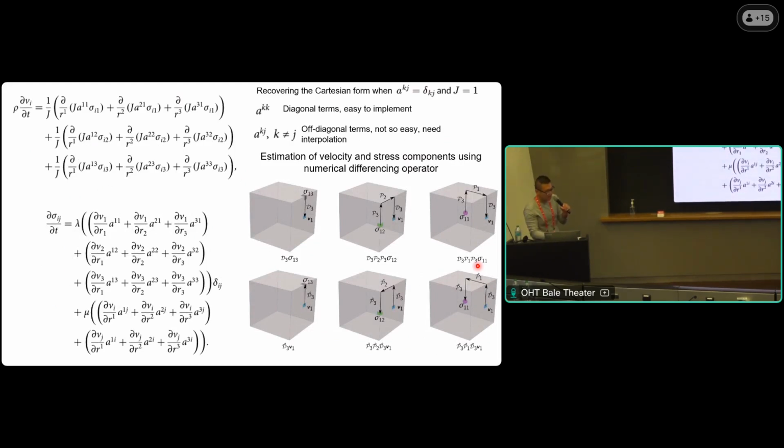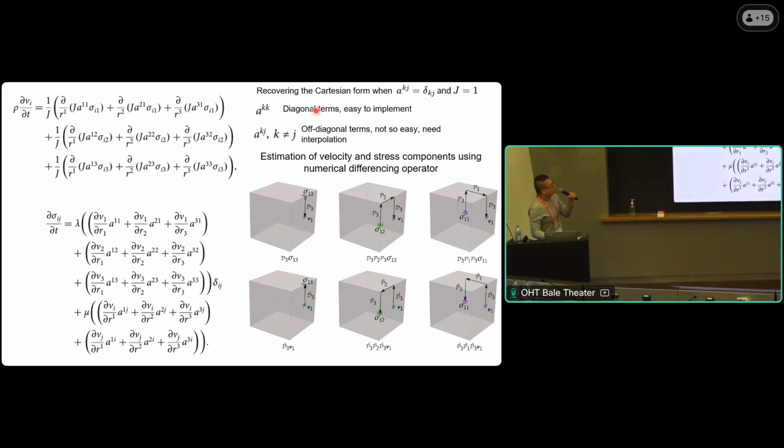If we expand all these terms, we can see there are extra terms right here. This is a very generalized equation, so the Cartesian form is actually a special case of this generalized form. It can be recovered to the Cartesian form if this condition is true.